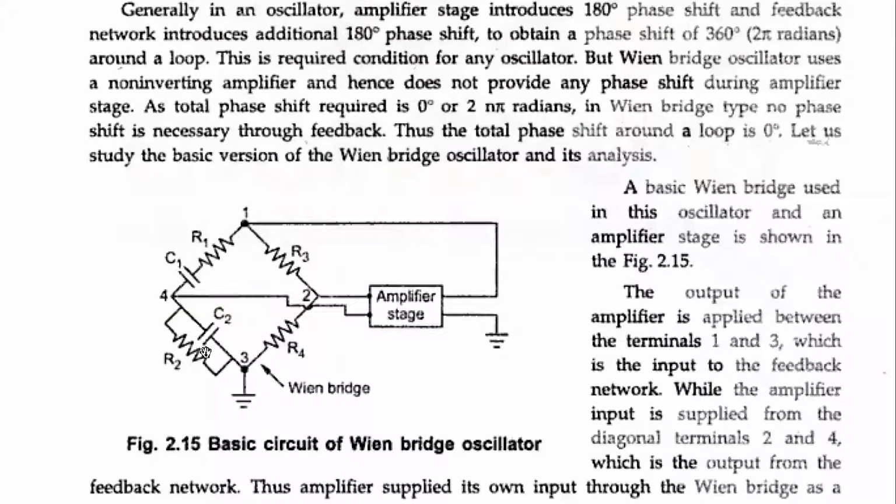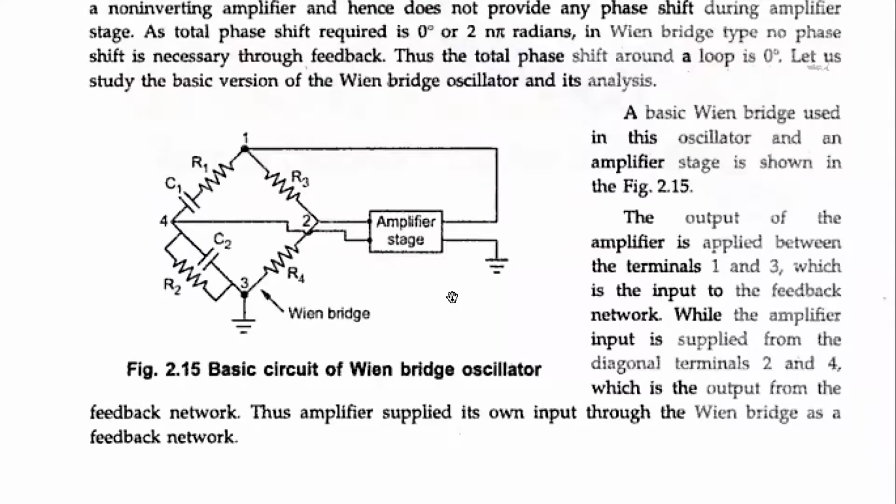As you gradually increase the frequency, the response will be like this: for very low frequency, feedback signal 0; for very high frequency, feedback signal 0; in between, it will increase and decrease. If you vary frequency, the response of this network will be like that.